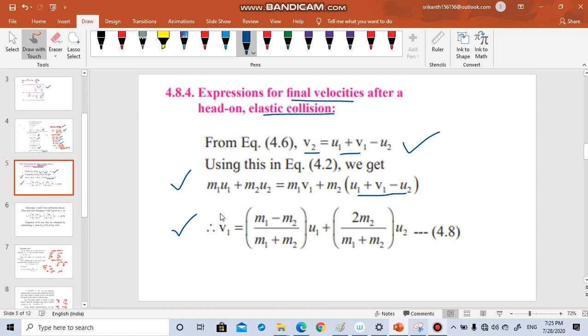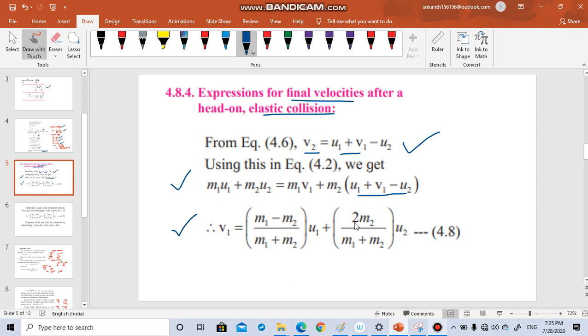But the most important part is that we have to remember this expression. V1 is equal to the difference of masses; in the denominator, the sum of masses will always be there. This is the final velocity of the first body. U1 is the initial speed of the first body, u2 is the initial speed of the second body.